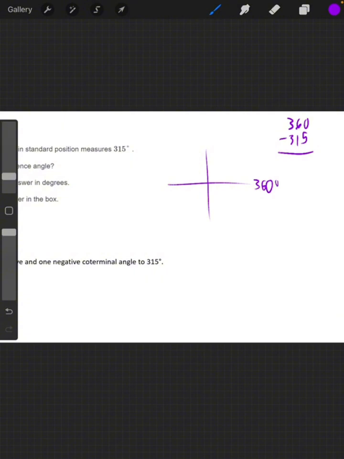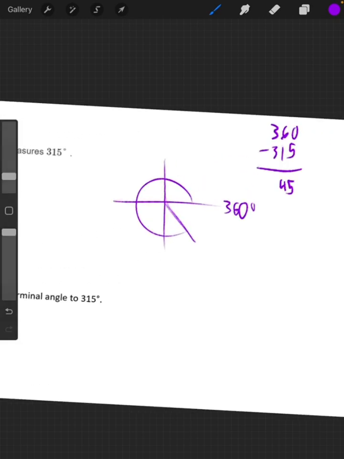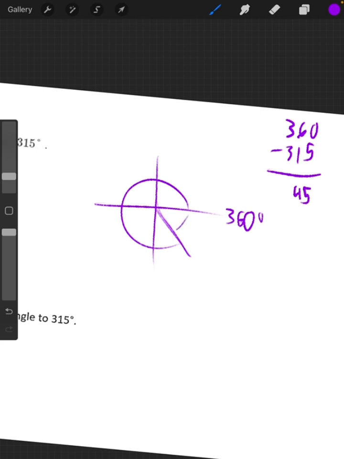That'll get us 45, which is exactly halfway through right here. So that's our full angle, and the reference angle would be right here, 45 degrees, or negative 45.